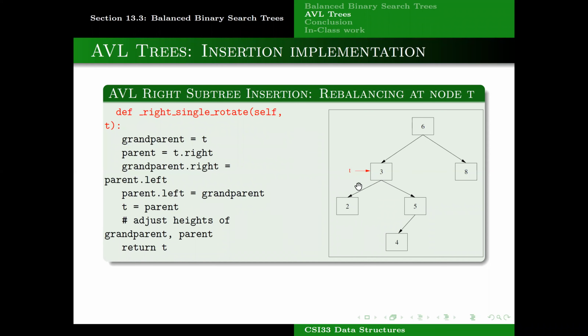So we are right here at the moment. Now the grandparent will be set to the same node. This is the grandparent. And then the parent will be this one. This is the parent, T right. I'm just following the links over here. Now, what we are doing is we are writing down this information. Grandparent right, so it's this link, is now equal to the parent left.